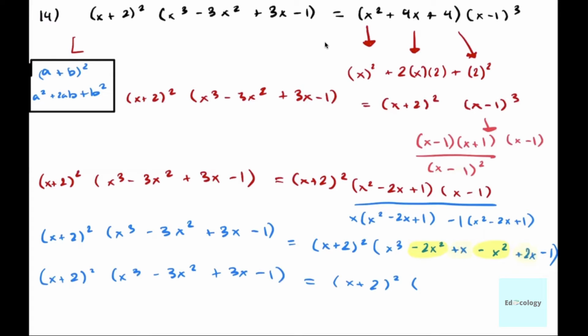So when you add them, you will get x cubed minus 3x squared plus 3x minus 1. And now, are they equal? Yes, in fact they are. So we have proven that this is an identity, since they are equal to each other.